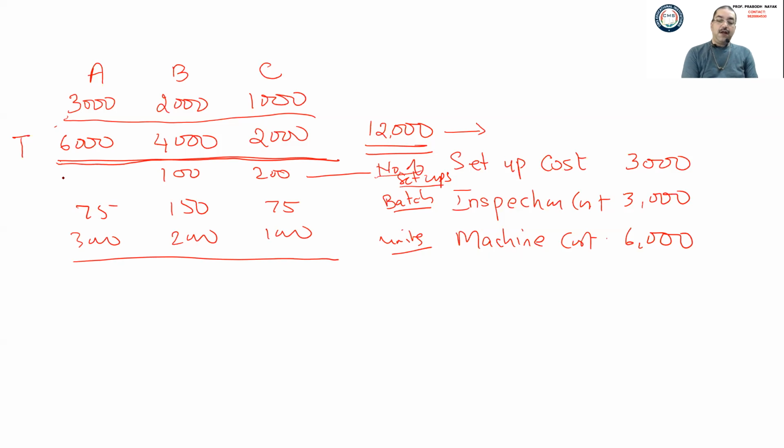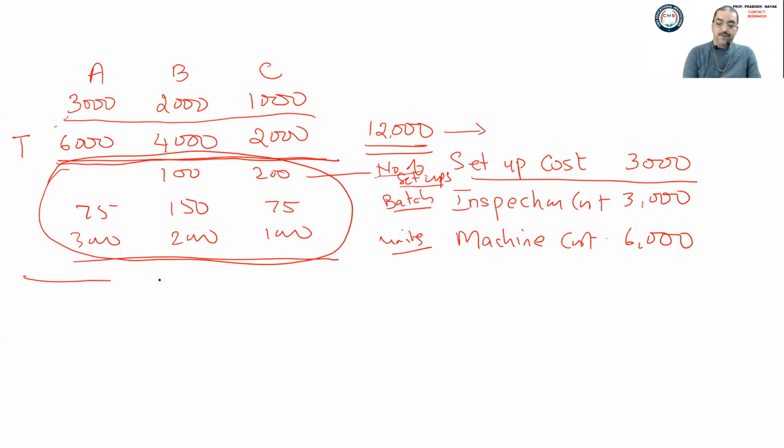Now, if I'm doing the classification on the basis of these particular activities, where setup cost of 3000 is to be classified on the basis of number of setups, inspection cost is to be done on the basis of number of batches, and machine cost is to be allocated on the basis of number of units produced. Let us see how it will look like.